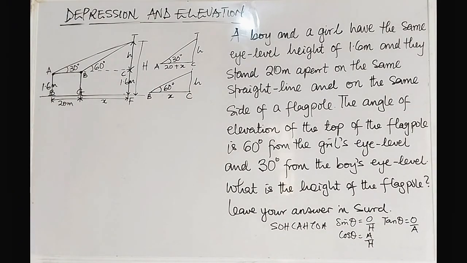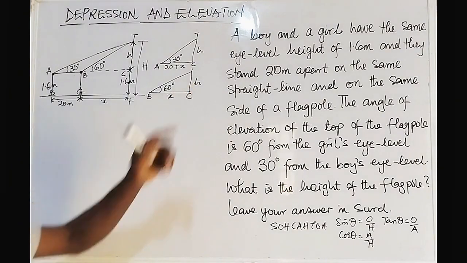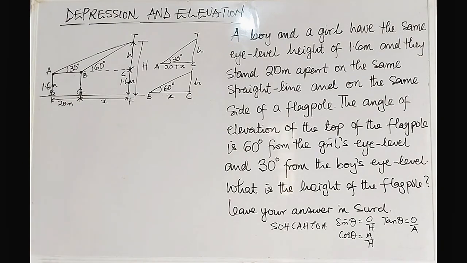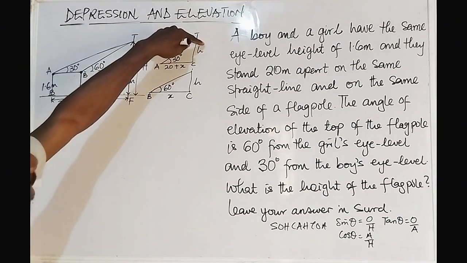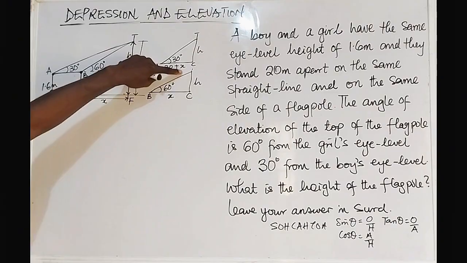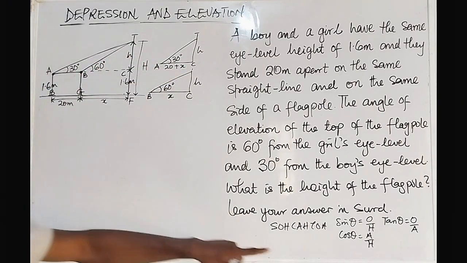At this point, I guess we are close to solving the value of h. You can see that the relationship between 30 degrees, this height, and the bottom here is tan.